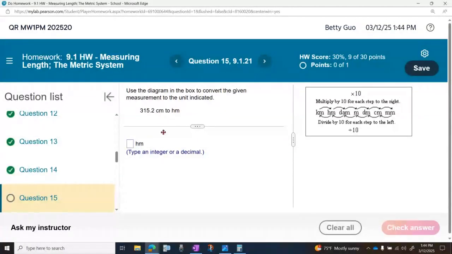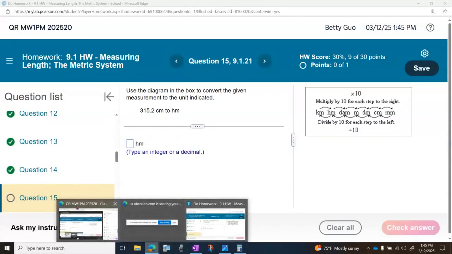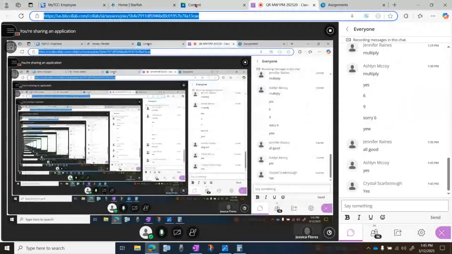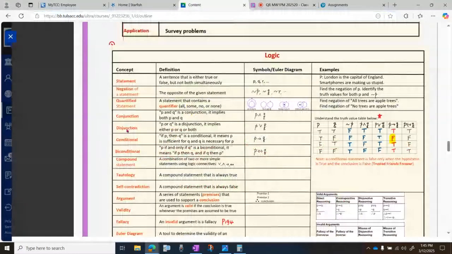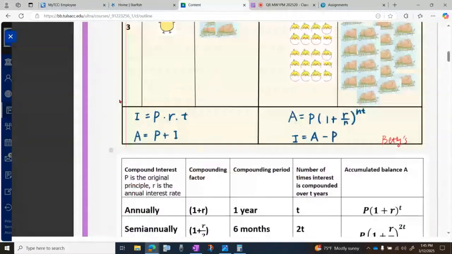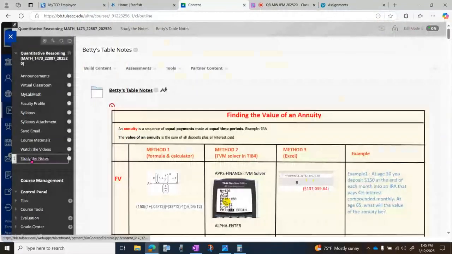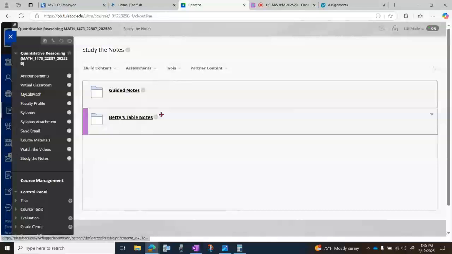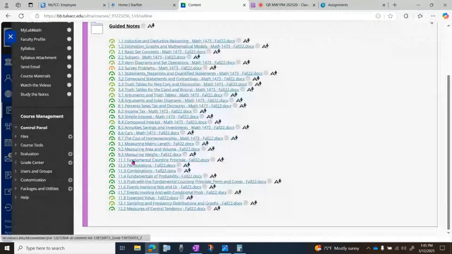This one, centimeter to, I don't remember how to pronounce it. Hectometer. Probably a good idea to download. Just give me 1 second. So this is my table note, and got in a note for chapter 9.